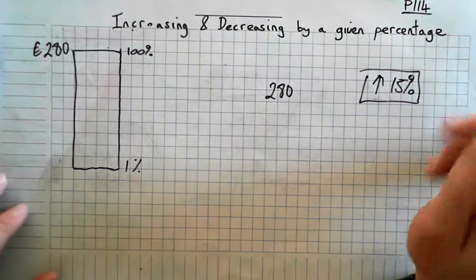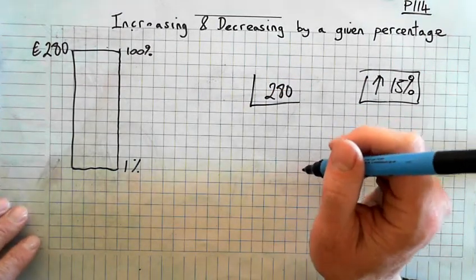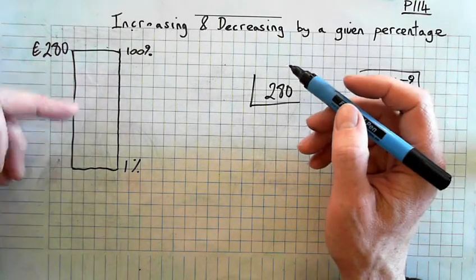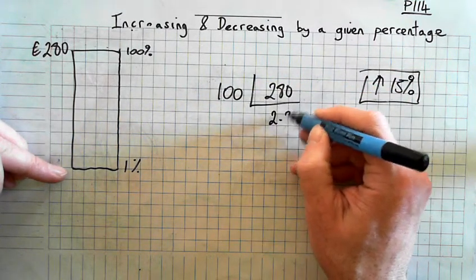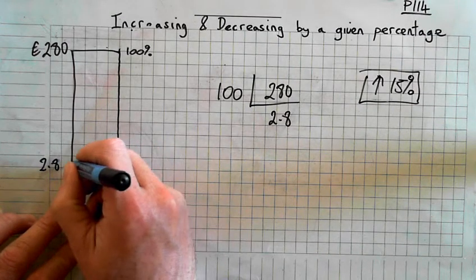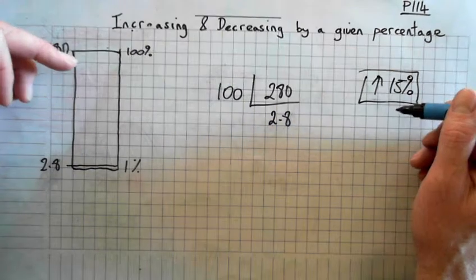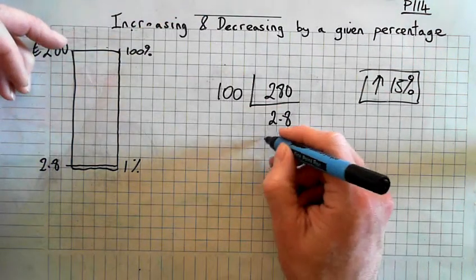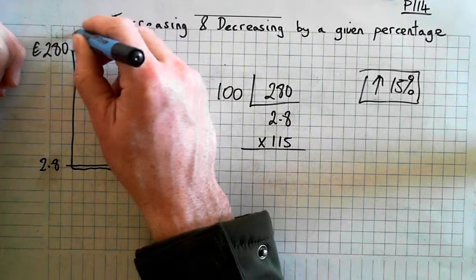Now get out your calculators. 280 is 100%. Now we're going to find 1%, so divide by 100. That's 2.8, isn't it? So 1% is 2.8. Now we are going to add on 15%. So what are we going to multiply by? 100 and add on 15. Multiply by 115, because we have to get all the way up to 115.